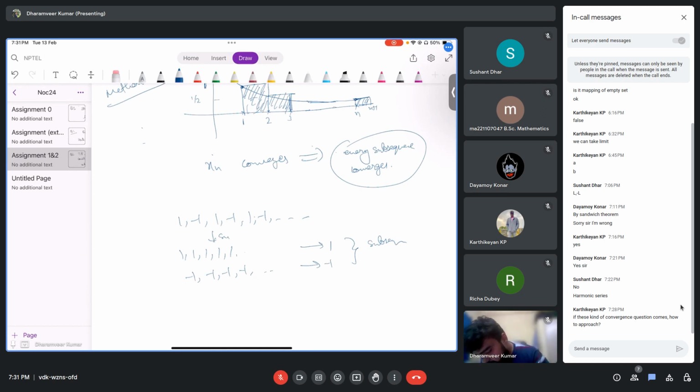Okay, in the question that we had earlier, x2n and x2n plus 1 were both converging to the same thing. They are not converging to the same thing over here. These are odd and even. They are converging to different numbers. The sequence does not converge.